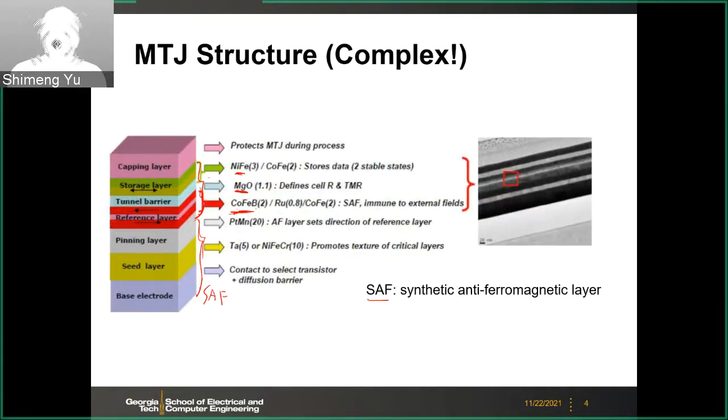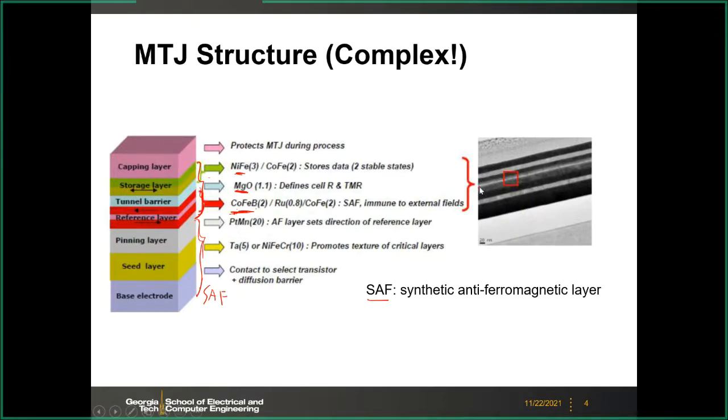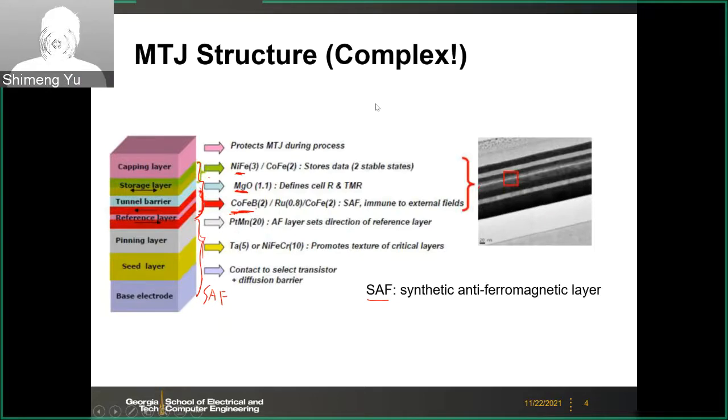So it's very complicated in terms of the structure you have to fabricate. You have to deposit multiple very thin layers in a sputtering process. The typical thickness of each layer is only a few nanometers, maybe tens of angstroms, tens of atoms in thickness. So it's a very precise deposition to make this MTJ structure.